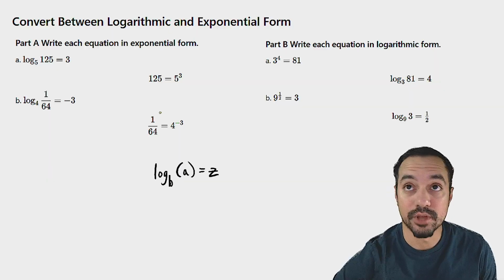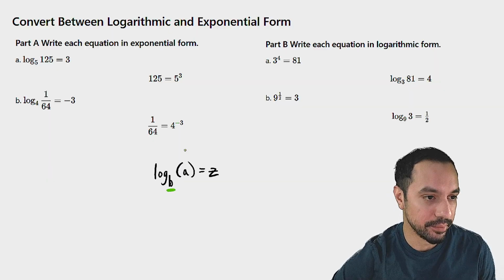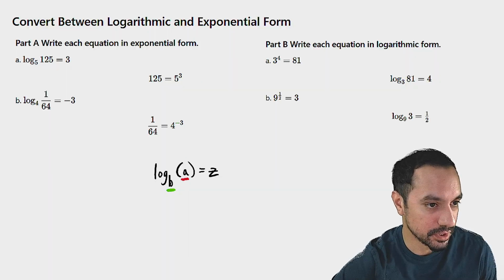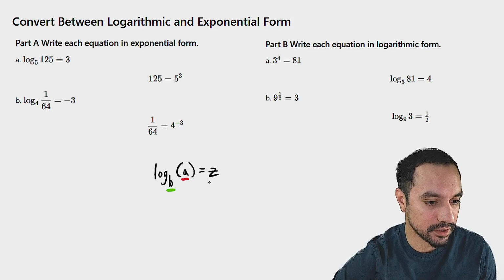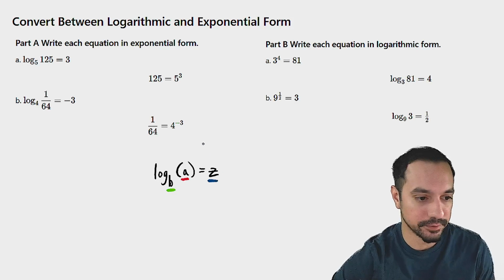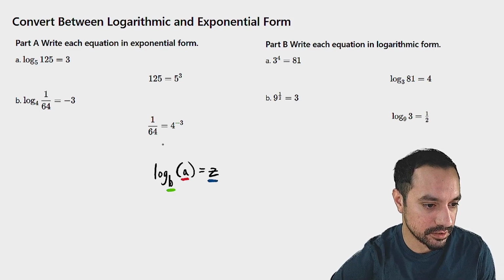Let me go through that one more time. We have a base, we have an argument, and then we have the answer, or what it's equivalent to. So that is logarithmic form.